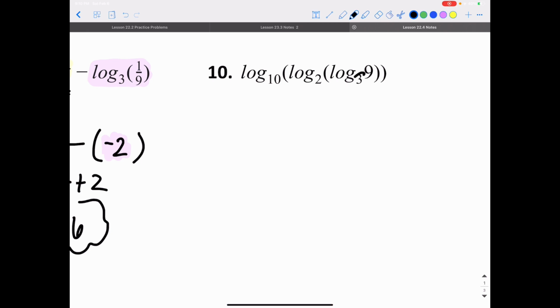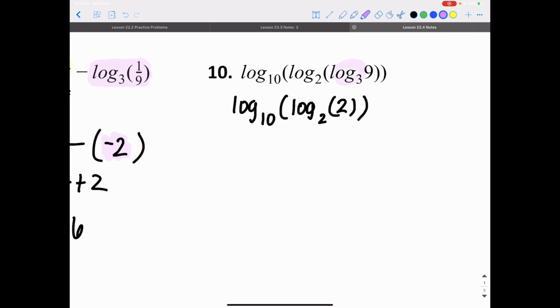Log base 3 of 9: 3 to what power, or what do I have to raise 3 to get 9? And that is 2, so I really have 2 inside here. So I have log base 10 of log base 2 of 2, because this here was actually 2. The next thing I'm going to do is log base 2 of 2.